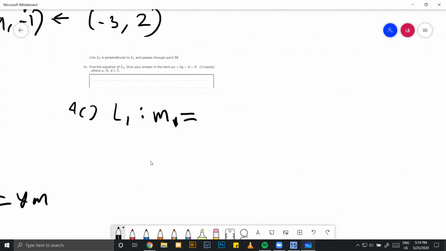This might come in useful later. L2 is perpendicular, and perpendicular lines have slopes that are negative reciprocals. So we flip 1 over 1/2 and make it negative, so M2 is -2. Just from the first sentence, L2 has slope -2 and L1 has slope of half.